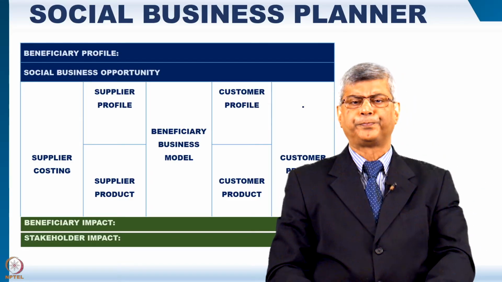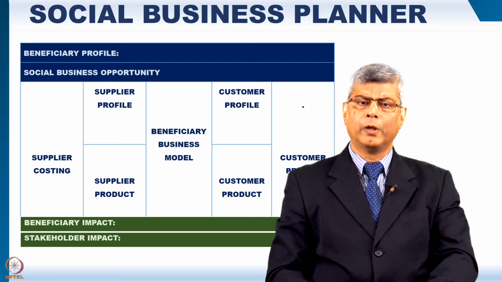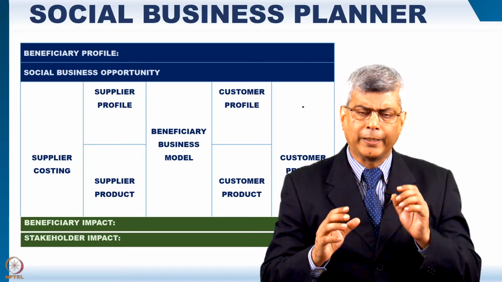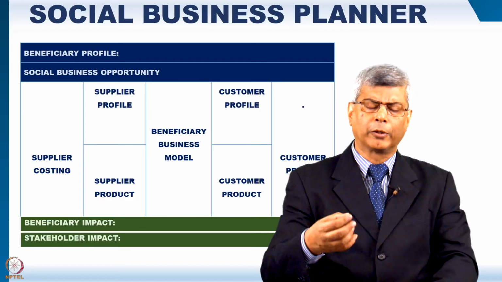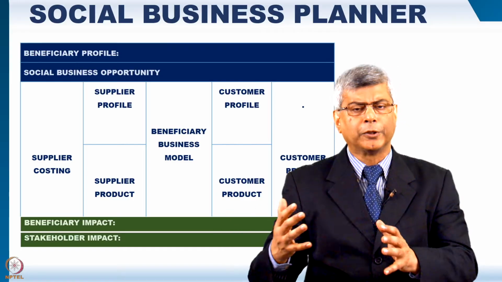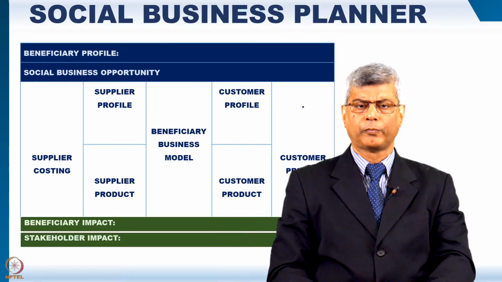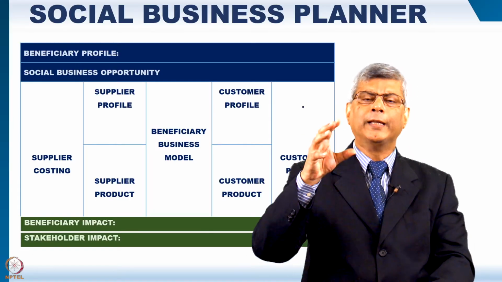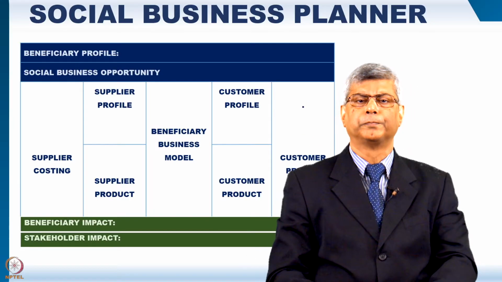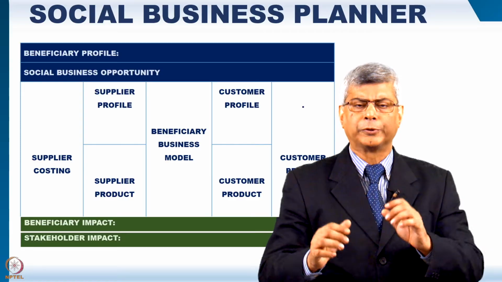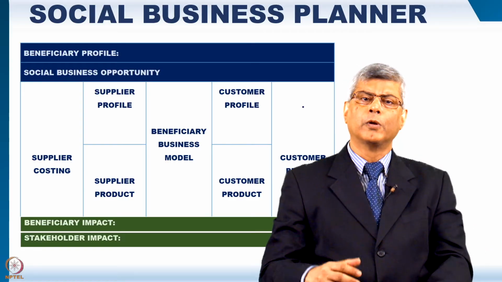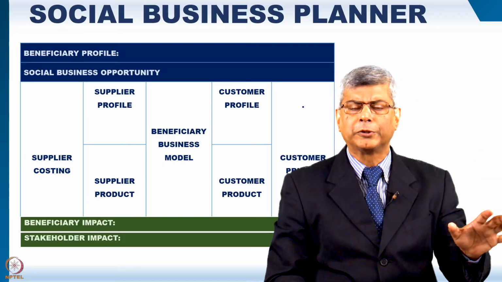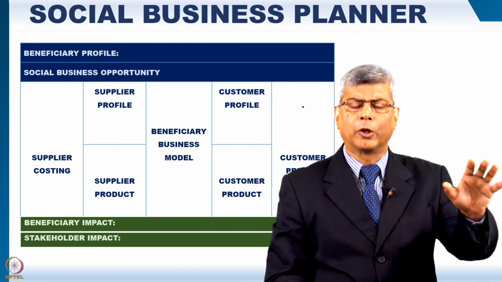For example, if you want to create a social business plan in a slum area, in Bombay or Calcutta or Africa or any of the not so privileged countries, the beneficiaries will be the inhabitants of that slum or the underprivileged housing area or the wives of the farmers or anybody who's not so privileged to get an organized sector job.